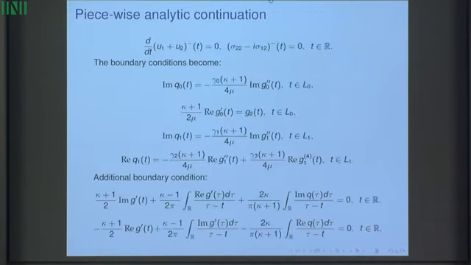And now, again, I mentioned that we have plus and minus, so we have a jump. Physically, our material is present only in the upper half plane. There is nothing in the lower half plane. What we want to do is some kind of piecewise analytic continuation of our complex potentials through this straight contour, through the real axis.